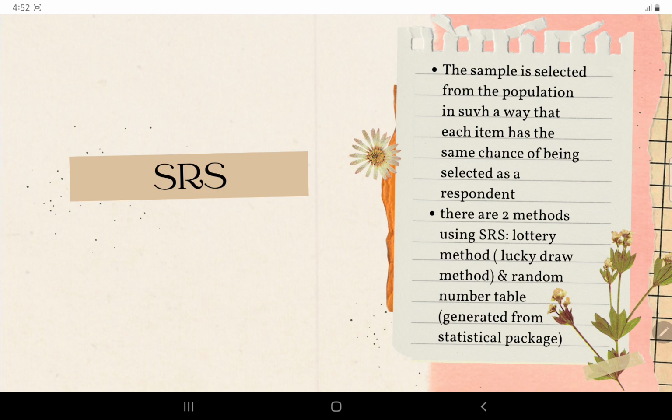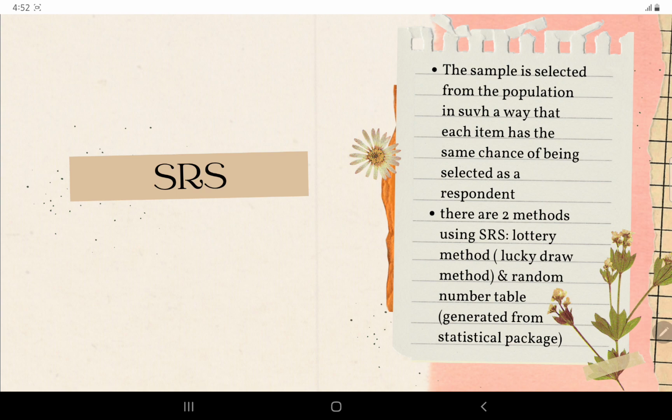Okay, and then draw. Okay, macam lucky draw tu lah kan, draw one name randomly and then repeat for 4 more times until we get 5 names. Okay, so maksudnya kita ada 5 sample lah, 5 corresponding names as our sample. So itu cara buat lottery method ataupun nama lain dia lucky draw method.